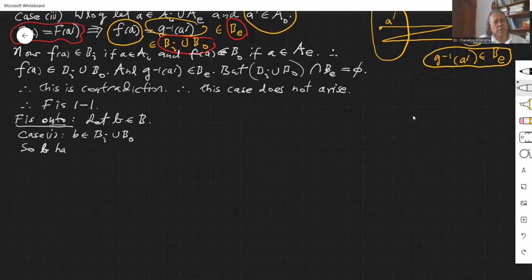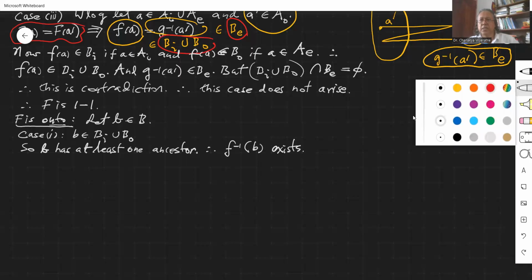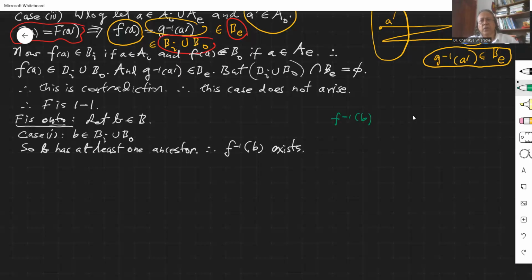So that means F inverse of b exists, because from the element b in B, we can go back via F. You can see that F inverse of b is in AI if b is in BI, because going back infinite times doesn't change.